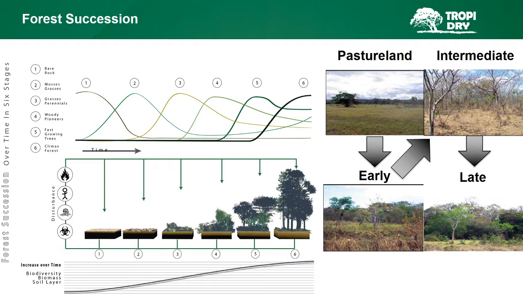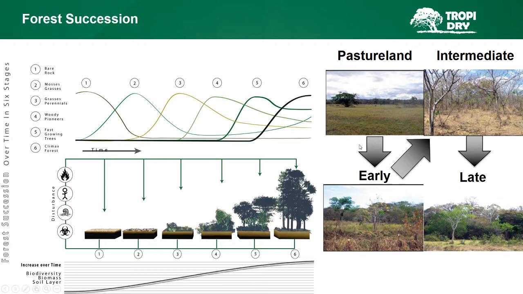This is when you start to get the more three-dimensional structure of the forest, where you have the canopy and the understory as two very distinct layers, and even micro ecosystems where species thrive in one or the other but can't occupy both niches. So this is how forest succession typically works.